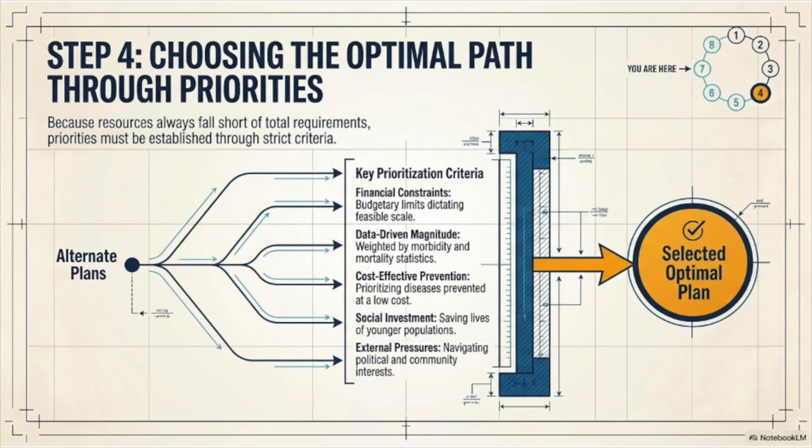These criteria include financial constraints, meaning budgetary limits that dictate feasible scale, data driven magnitude, meaning priorities weighted by morbidity and mortality statistics, cost effective prevention, meaning prioritizing diseases that can be prevented at a low cost, social investment, meaning saving the lives of younger populations, and external pressures, meaning navigating political and community interests. Together, these criteria help in selecting the optimal plan among several alternatives.